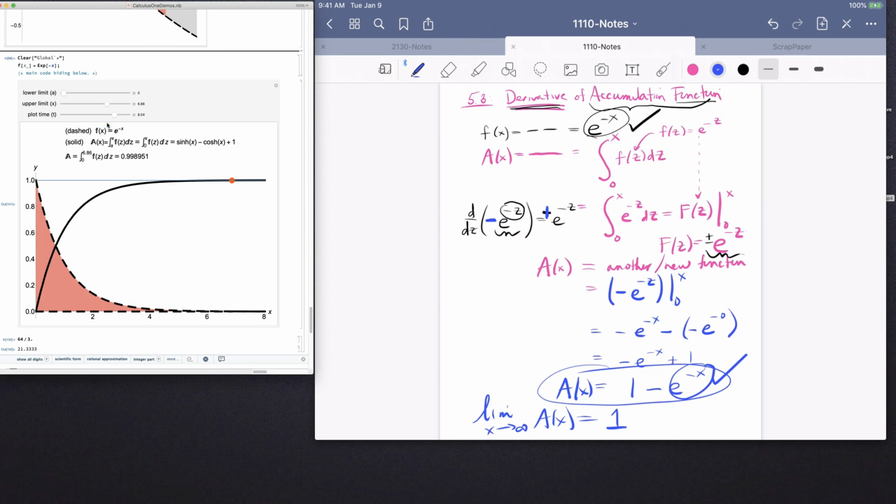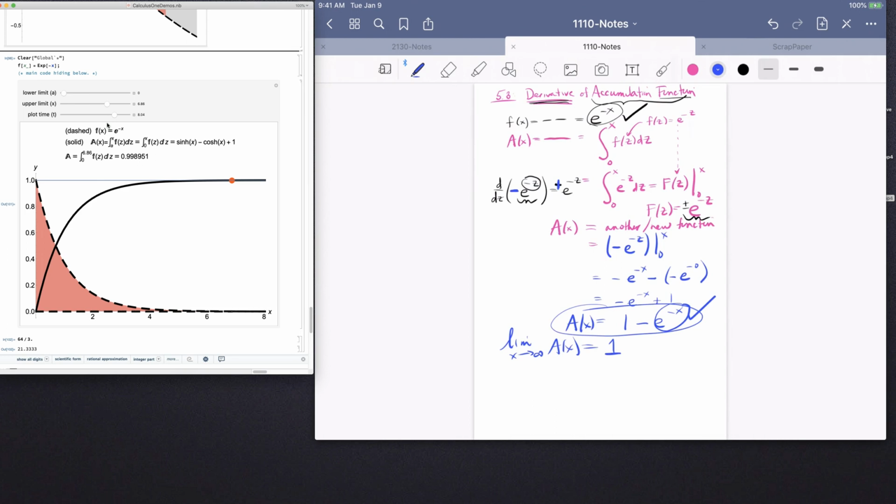So one thing that's going to be interesting to note here is that because the area function is actually a function, it's possible to take the derivative of that function. What is the derivative of the accumulation function? Well, because we have an actual formula for it, we can take the derivative of that function.